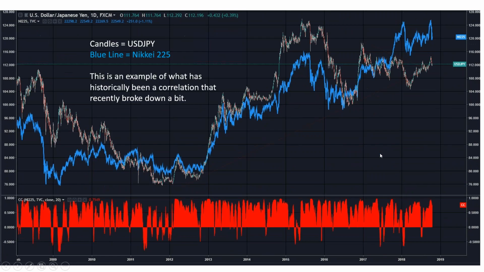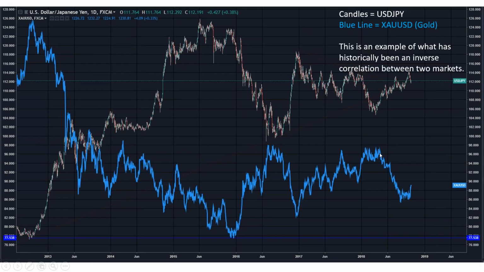And again, as I said, the Nikkei as well. The Nikkei and the yen are historically inverse as well. It's not quite as strong as the relationship between yen and gold, but maybe it's one of the first things you look at after we're done here to start building some strategies or just trying out some things on your own charting program. You can look at the Nikkei and yen, historically inversely correlated as well.